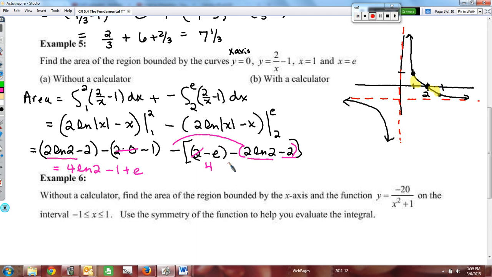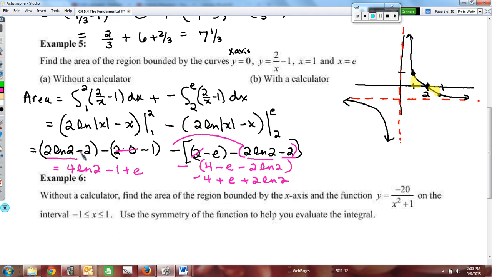Let's just simplify this. Minus e minus 2 natural log of 2, and then we're subtracting it, so it ends up being negative 4 plus e plus 2 natural log of 2. So the 4 natural log of 2 is correct.